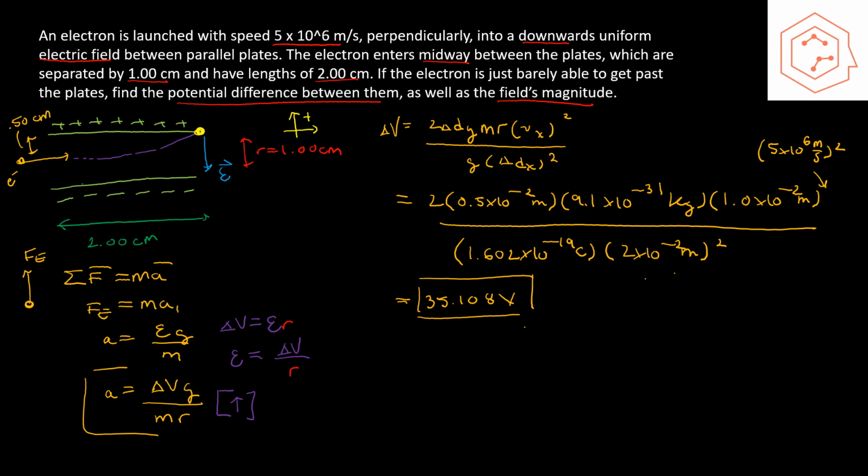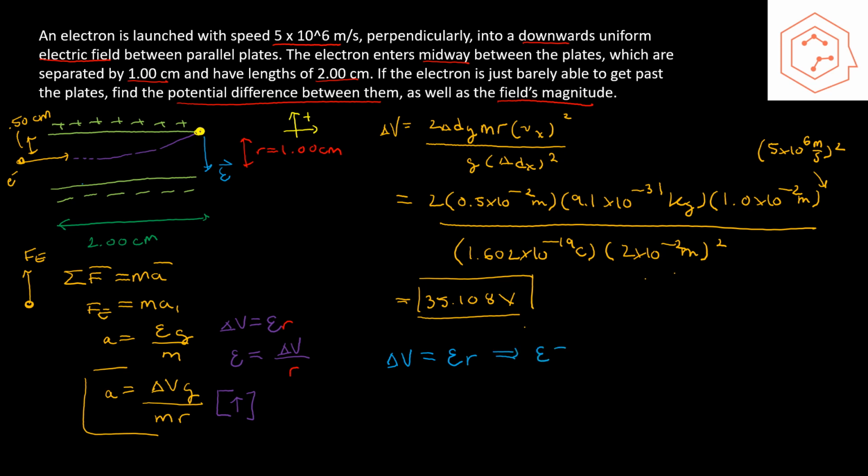In terms of the magnitude for the field, we know that delta V between the two plates is equal to the electrical field times the separation of the two plates.